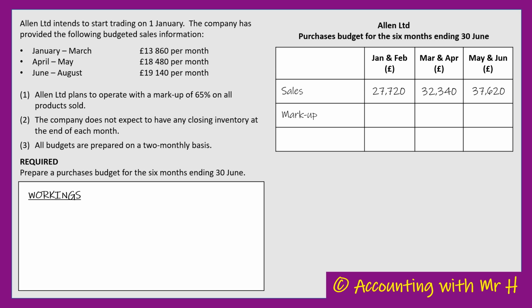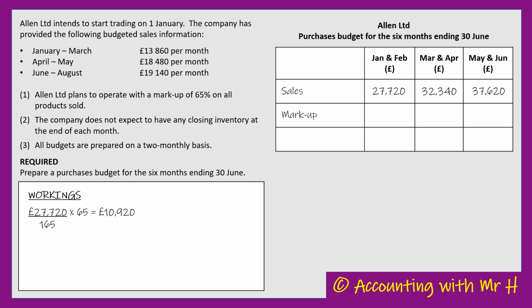There we go. So if I look at January and February, the sales we said is budgeted to be 27,720, but that will include the markup, the 65%. So that figure is now effectively 165% because they had the original purchases cost, which was the 100%, and then they added on 65%.